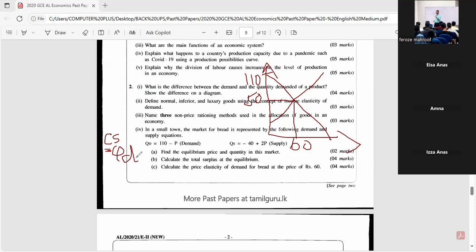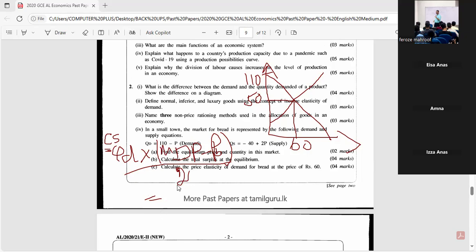Delta P is maximum demand price minus buyer's price, divided by 2. Consumer surplus is QD into maximum demand price minus buyer's price over 2.